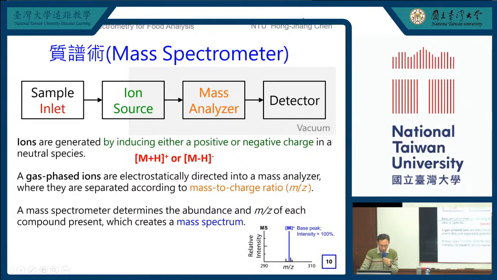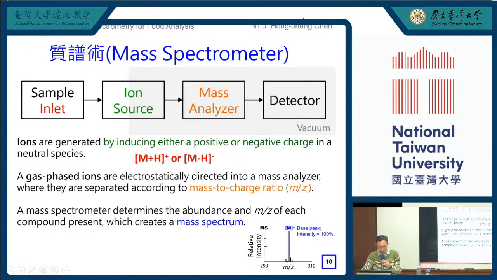The sample inlet is just how the sample gets into the MS. Of course, we can use LC or GC or EA or others, like injection or infusion. It's okay, but we can't just take an apple and put the apple into the MS machine. It's not possible. So extraction is very important for this technology, but we are not talking about this one today.